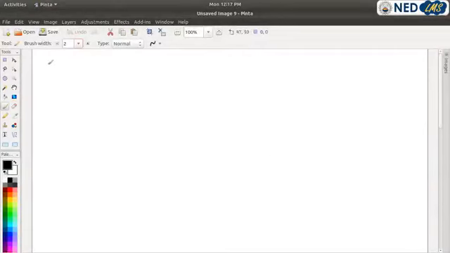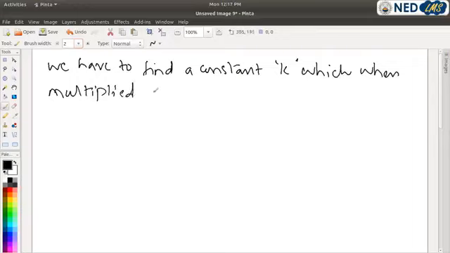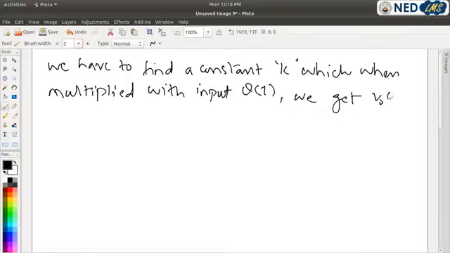We have to find a constant K, which when multiplied with the input, which is theta of t, as shown here, we get V naught of t.